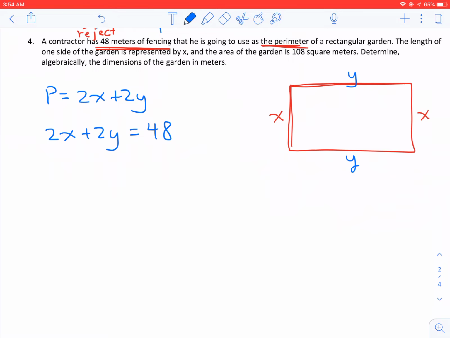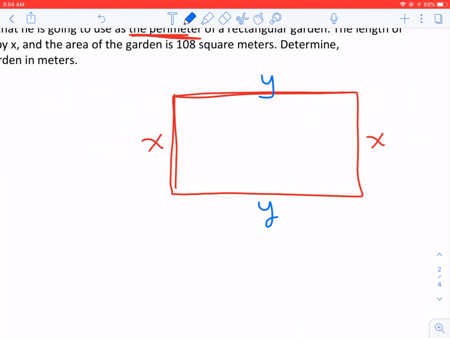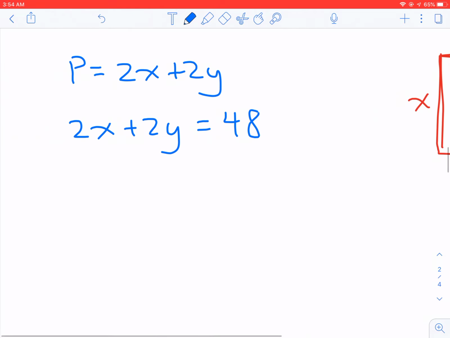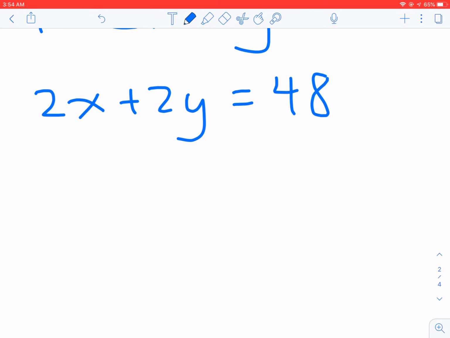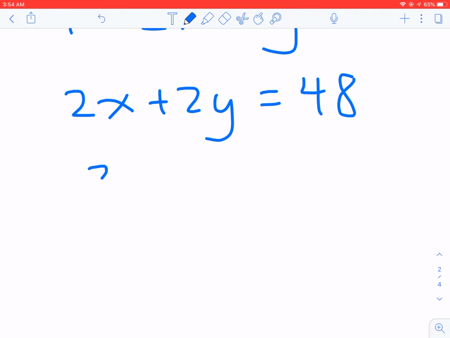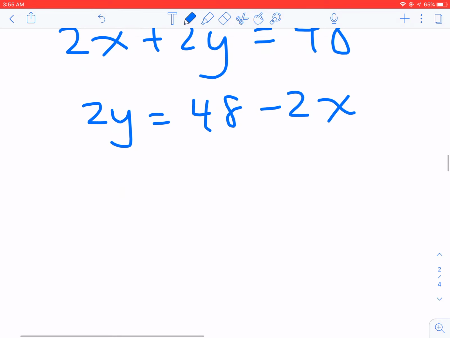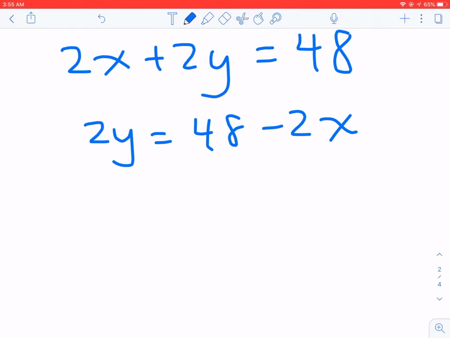And what I could do now is I could solve for what y is in terms of x. Right? Because we really don't want two variables. So let's figure out what y is equal to. So 2y is equal to 48 minus 2x. I'm trying to solve for y. So y is equal to, I just minus 2x on both sides.